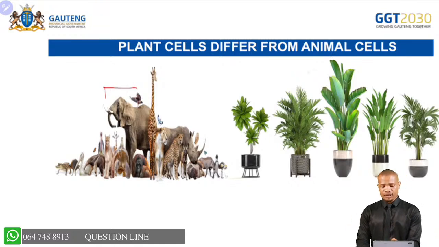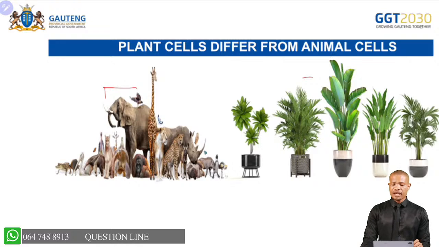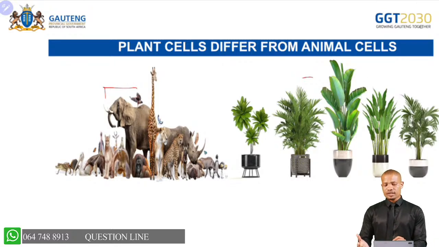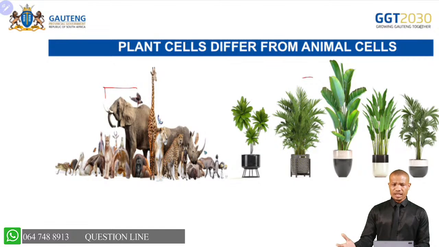On the other side, we have plants. If you look at the plants, they look similar to each other, but they look very different to the animals. That is because plants have certain organelles that make them different to animals. For instance, they have chloroplasts, which give them the green color.